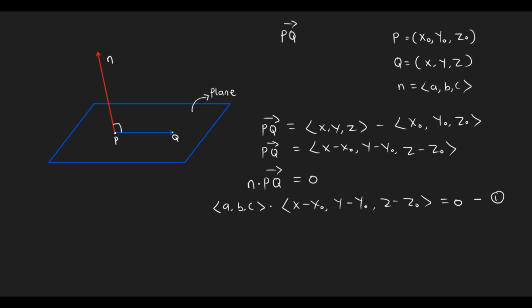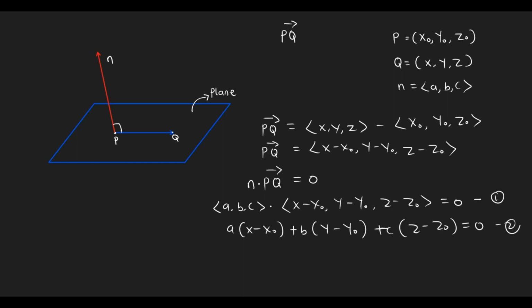I can write this as a multiplying x minus x naught, plus b multiplying y minus y naught, plus c multiplying z minus z naught. This will be equal to 0.